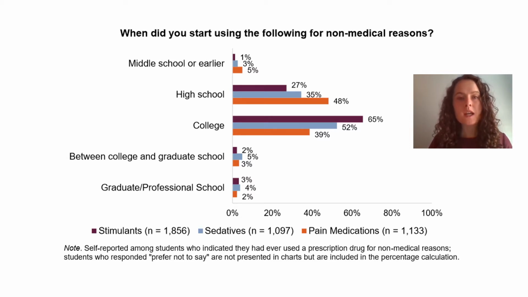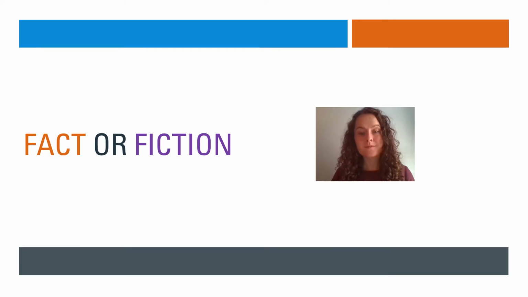Really get a good idea in your head about what you see here, because I want you to think about this as we go through the rest of the slides. Think to yourself, what's happening in high school and carrying into college? Lifestyle changes, interactions, responsibilities. What do you think could be causing people to turn to prescription meds for non-medical reasons?